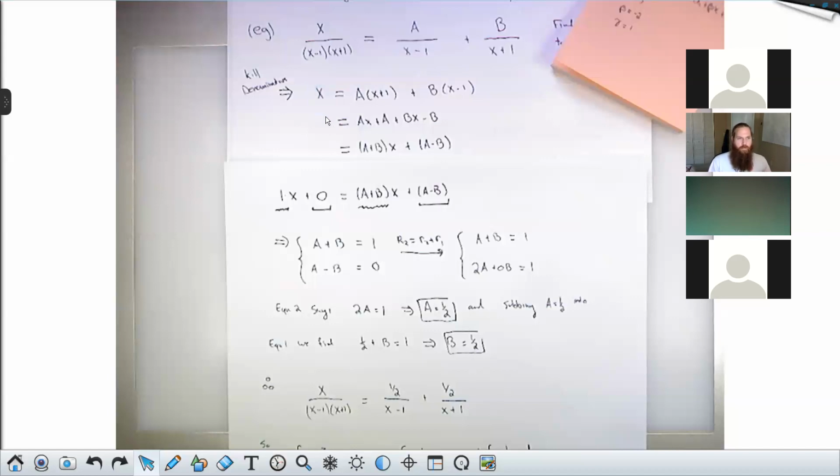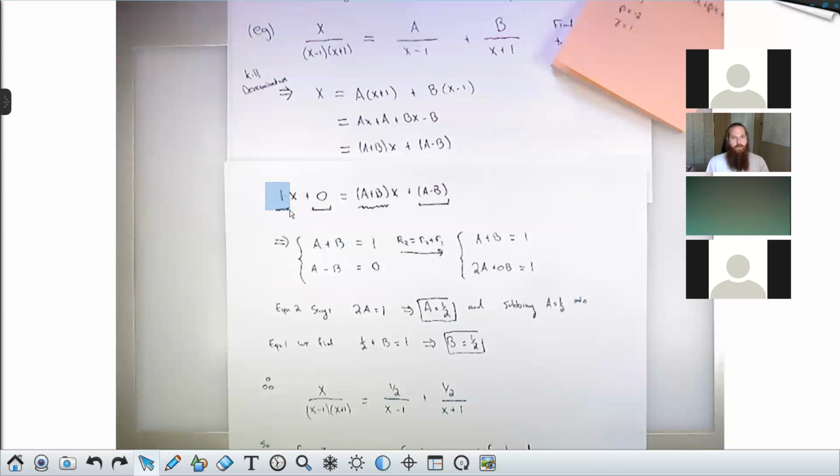So think about your definition of a polynomial of degree n, right? Polynomial of degree 1 is some constant times x plus some other constant. So I want to write x in that standard polynomial form. x is 1x plus 0. I'm just writing it in this kind of absurd way to help me see what the coefficients are.